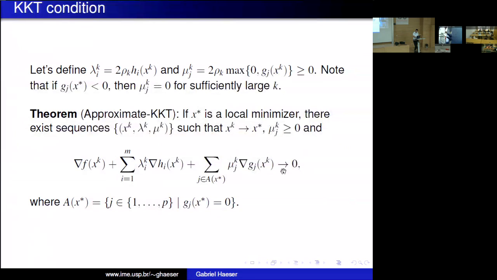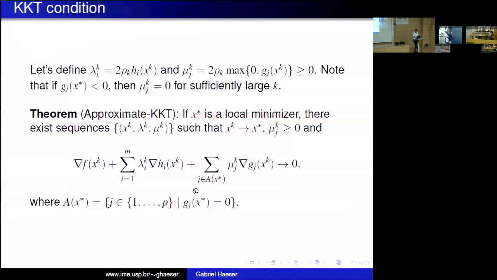But I know that if I plug it here, this sequence on the gradients of the Lagrangian function, so remember the Lagrangian function was f of x plus the combination of the equality and inequality constraints. So if I plug it here, complementarity will hold. These multipliers will be 0 if I'm looking at an inactive constraint.